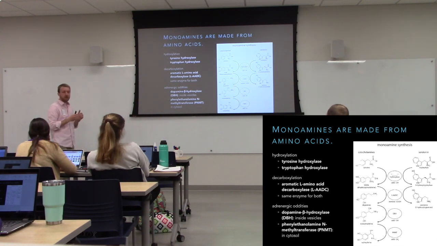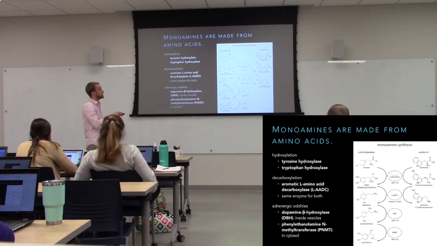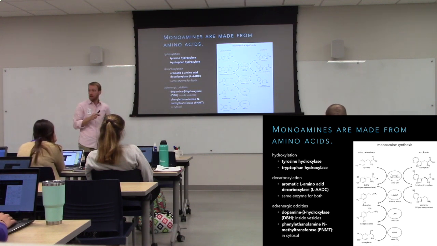Their synthesis is pretty similar. I've lined them up here because there's quite a bit of overlap, certainly between serotonin and dopamine. Pretty much identical. We start with different amino acids, tyrosine or tryptophan. That amino acid hydroxylase, so for tyrosine, the enzyme tyrosine hydroxylase is going to add a hydroxyl, exactly what it says it does, onto tyrosine.